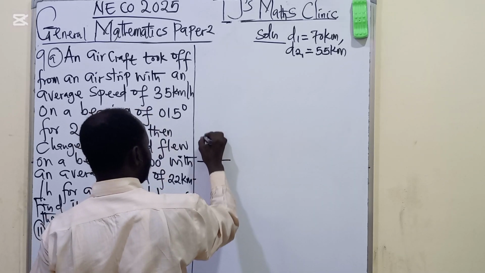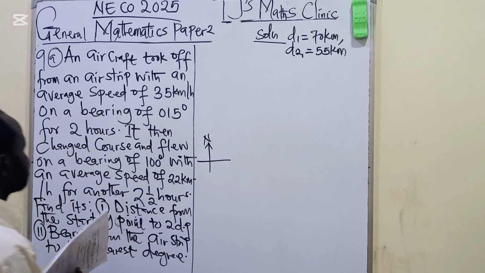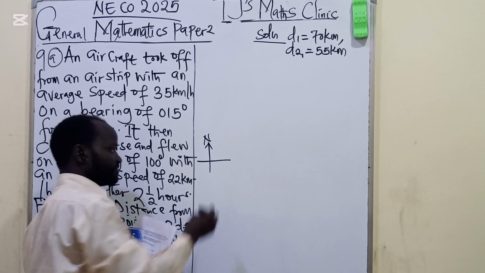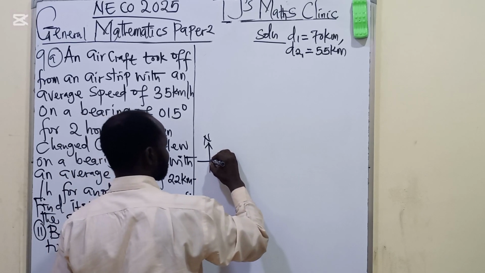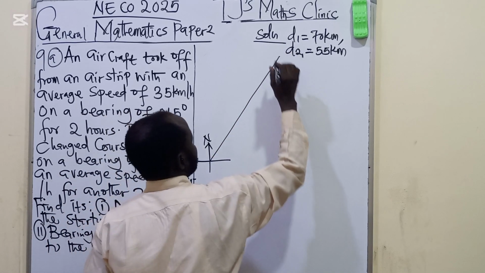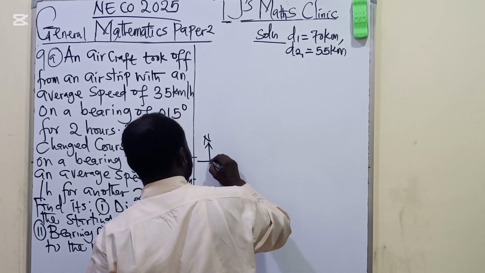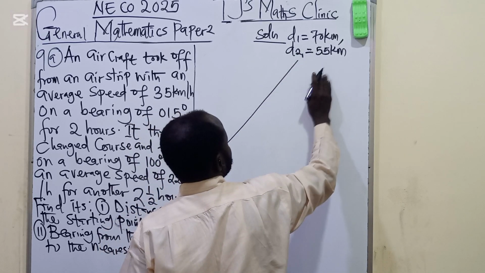We have the North Pole here. An aircraft took off from an airstrip with an average speed of 35 km per hour on a bearing of 015 degrees, that's 15 degrees. So suppose this is where we have our 15 degrees. Let's say it's like this.